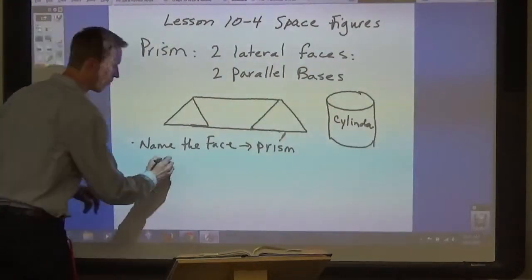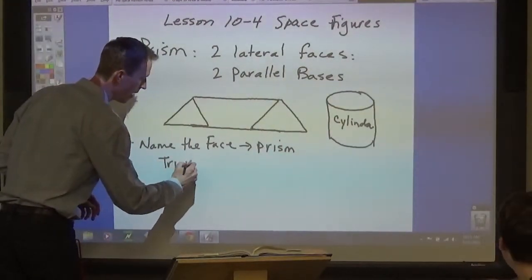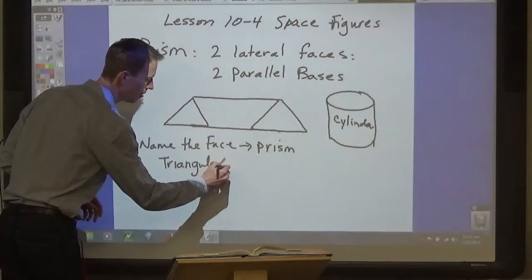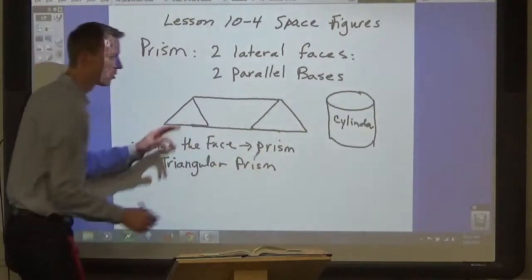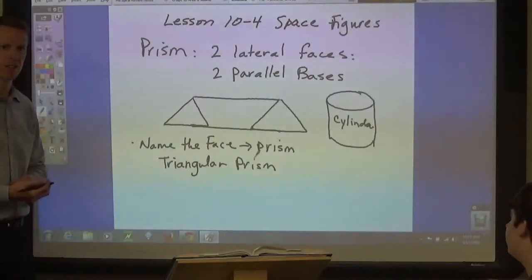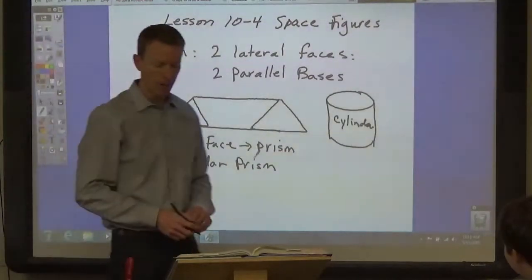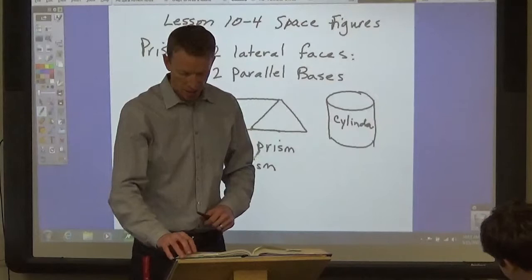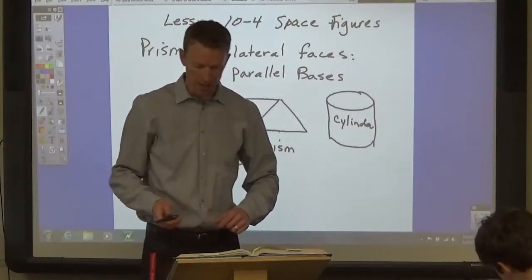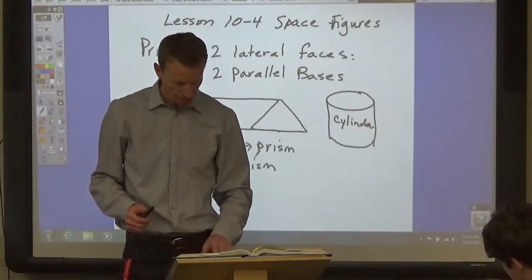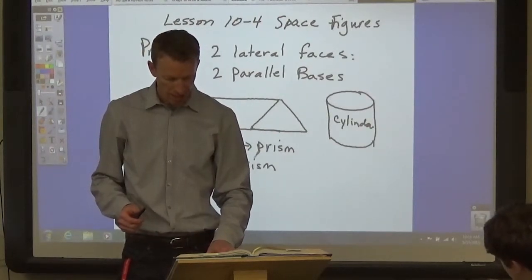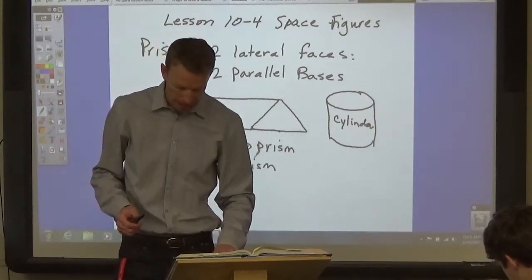So, for example, triangular prism describes this. A pyramid is another one that is a specific shape. A pyramid has a base that is a polygon.